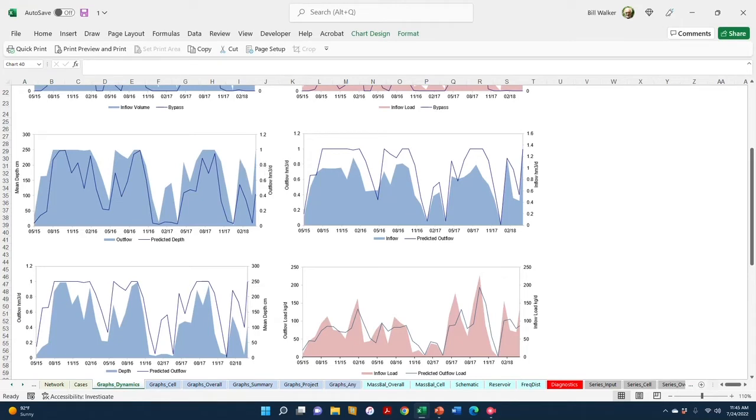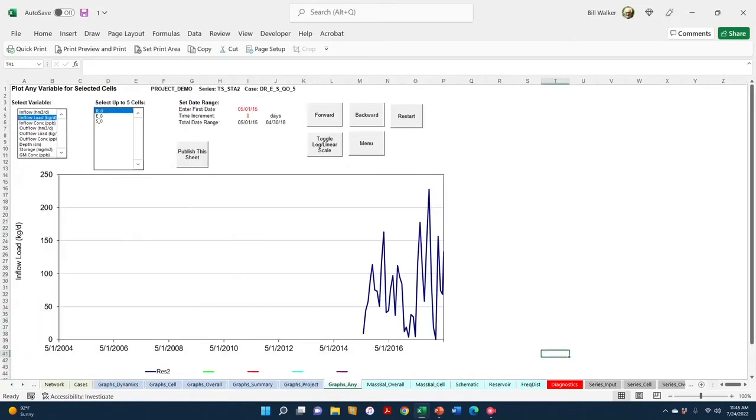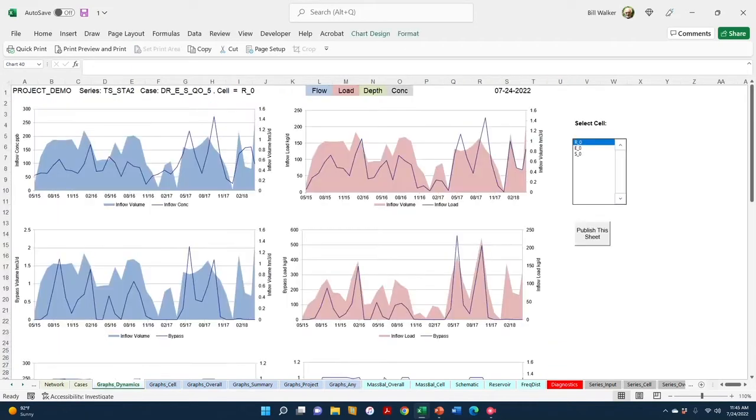So the reservoir, you can see it's still capped. The inflows and the outflows are still capped, in this case at 1, but not as frequently.